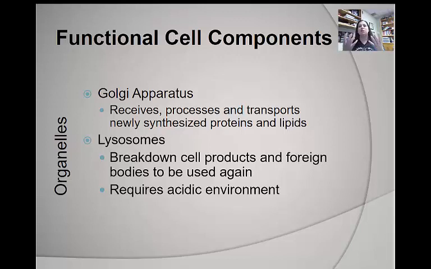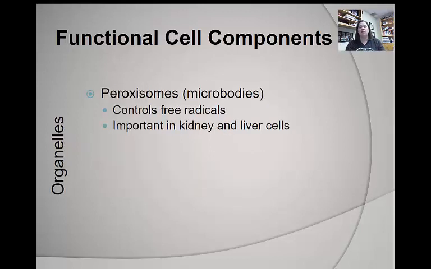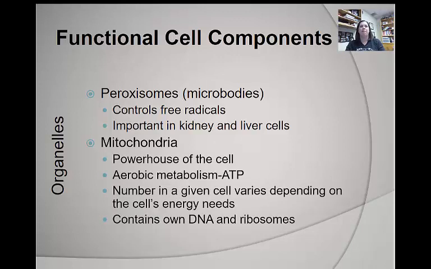So we want to make sure we keep those contents inside the lysosome and not out in the cytoplasm, the major part of the cell. We also see peroxisomes. These are very similar to lysosomes. These are going to control things like free radicals that can potentially cause damage to our DNA. These are really important in your kidney and liver cells because both of those help filter out toxins at higher levels than other types of organs in your body.